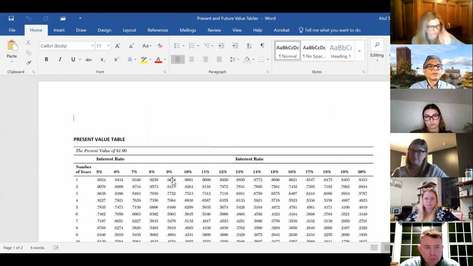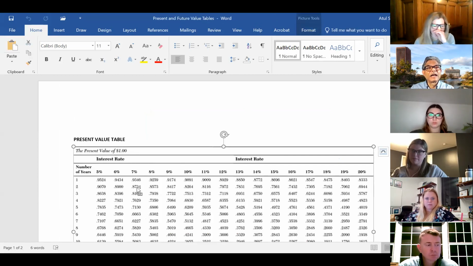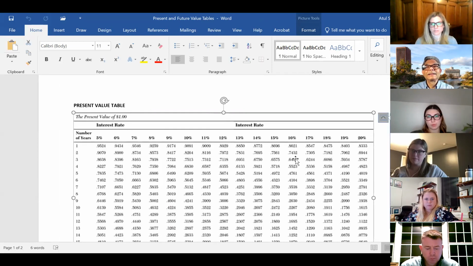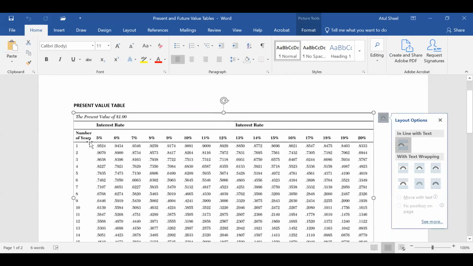Yeah. So this is the present value table and future value table. It gives you the present value factor and the future value factor. The interest rate goes across and the number of years comes down here.